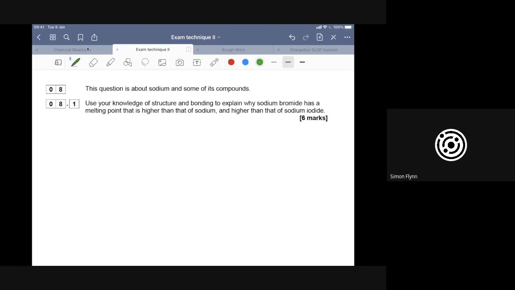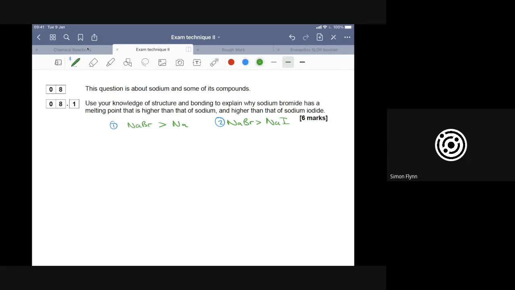You know that sodium bromide has a higher melting point than sodium, and you know that sodium bromide has a higher melting point than sodium iodide. So this is basically question 1, and this is question 2. So you've now broken it down into 2 3-mark questions, likely anyway.